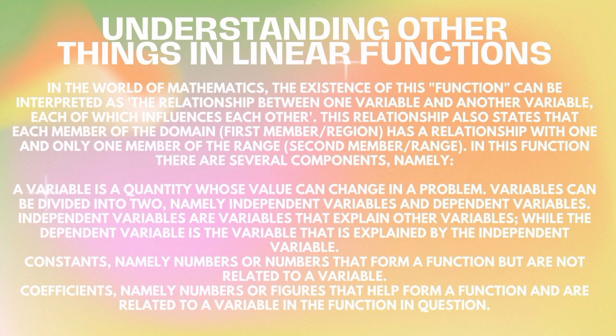Constants are numbers that form a function but are not related to a variable. Coefficients are numbers that help form a function and are related to a variable in the function in question.